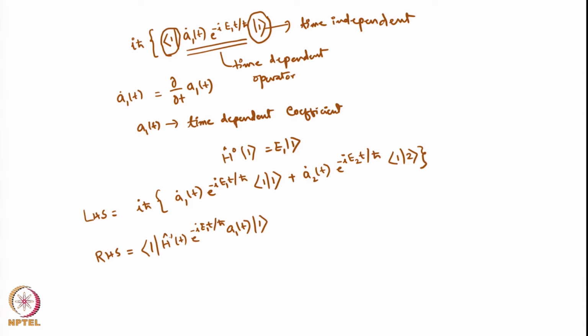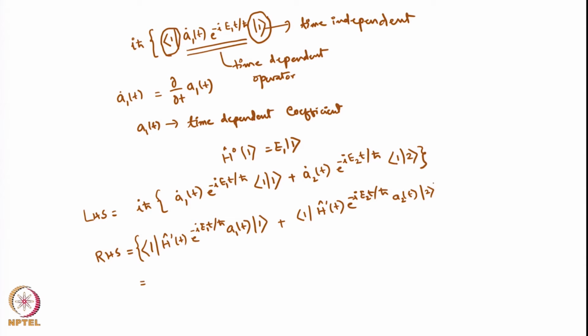But I cannot bring out H prime of t because it is a time dependent perturbation. A perturbation always moves the states, so it will affect your wave functions. A perturbation really affects a wave function, and if you have a time dependent perturbation, its effect will be different at different times. The other term we had was integral psi 1 star H prime of t e to the power of minus i E2 t by h bar A2 of t psi 2.